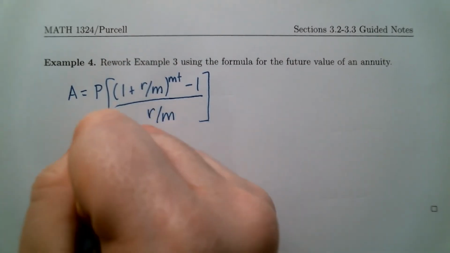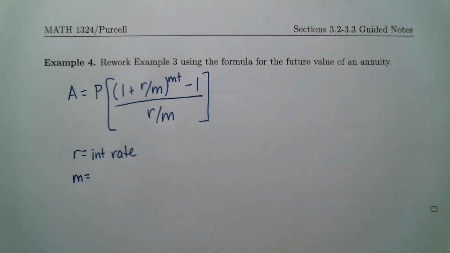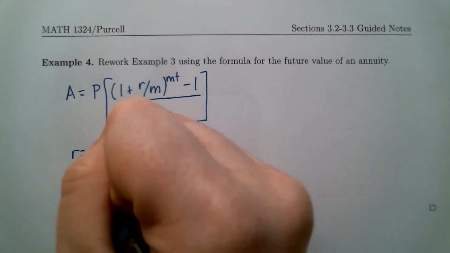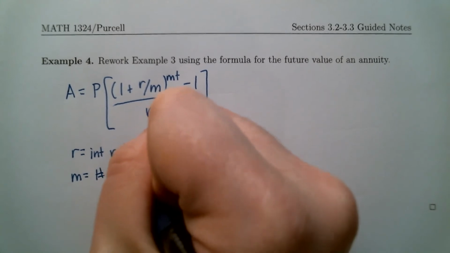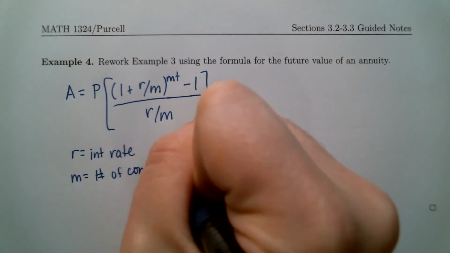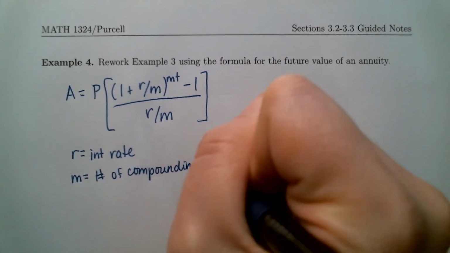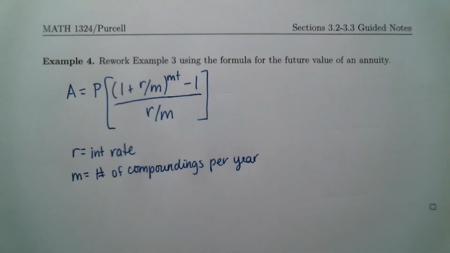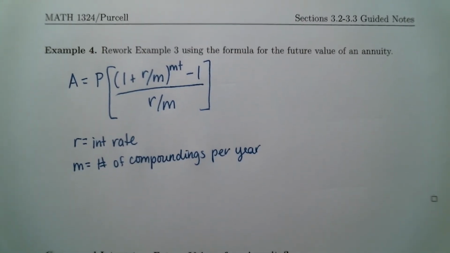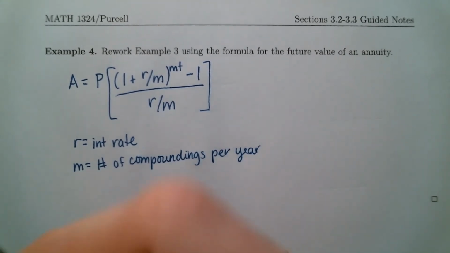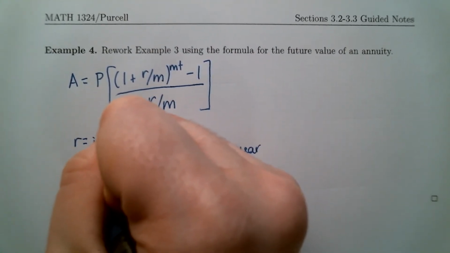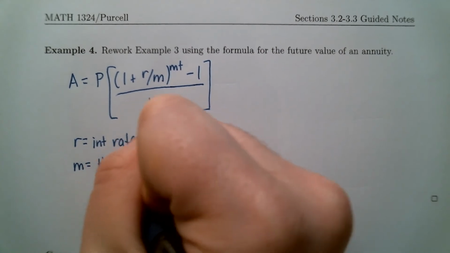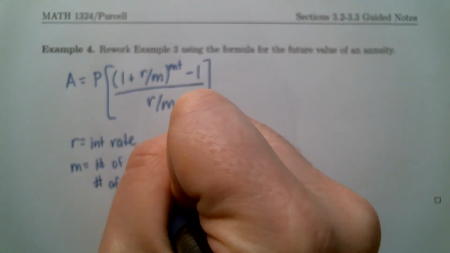M has the same meaning that it did for compound interest. It is the number of compoundings per year, so it is how many times per year the interest is being added to the account. It is also equal to the number of deposits per year.